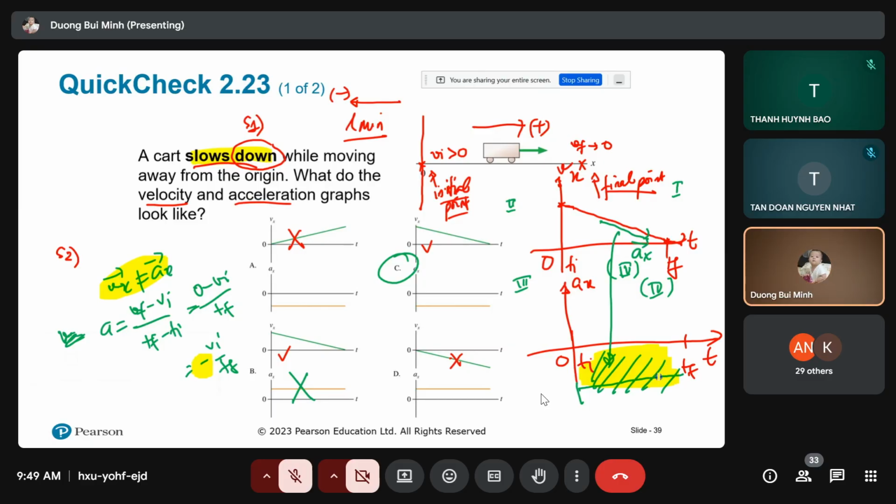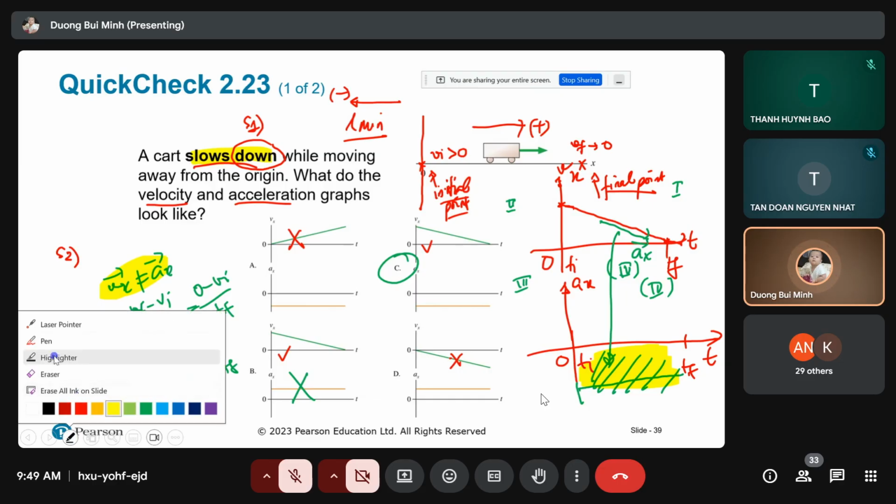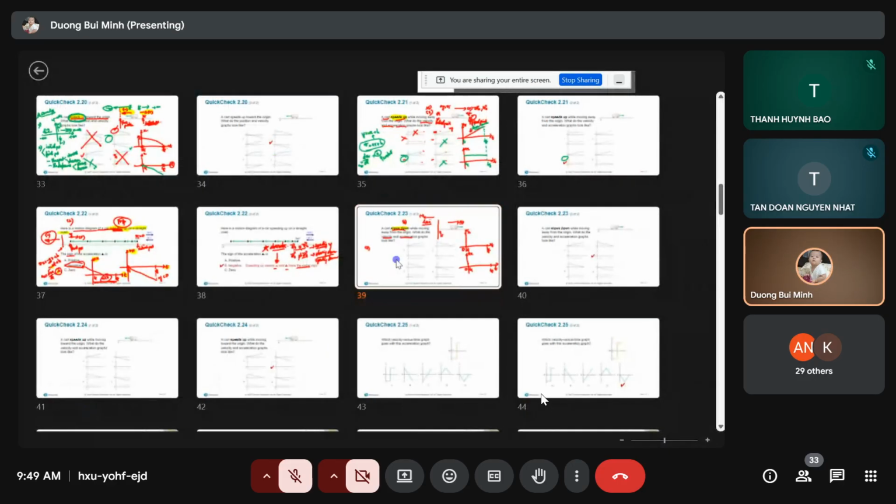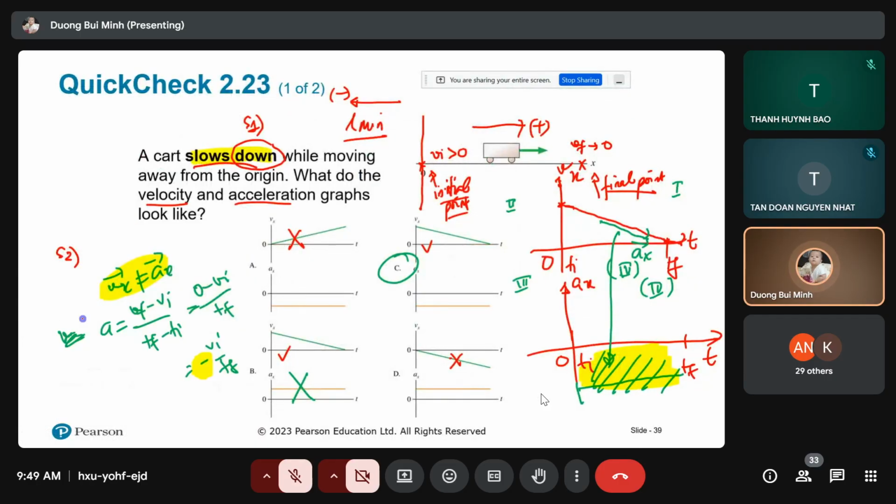Anyways, it's up to you. You can apply the formulas to determine the direction of the acceleration, or if you are familiar with the graphical representation, you can explain like this.